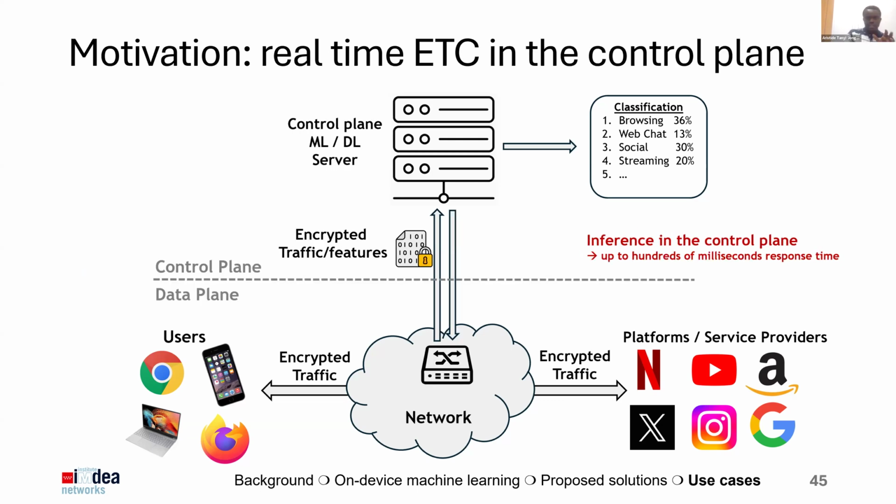Now, in the traditional SDN architecture, it's much better because you're trying to do the classification in real time. But again, because you're doing it in the control plane, there is still the back and forth communication between the user plane or the data plane and the control plane. And in this case, you still have the interplane latency that could be up to hundreds of milliseconds.